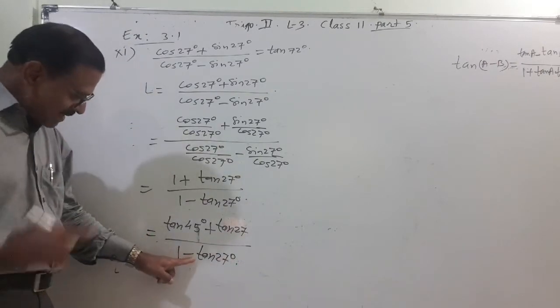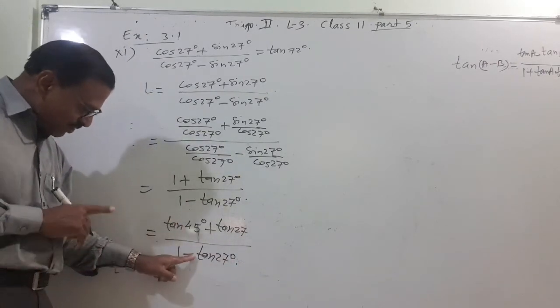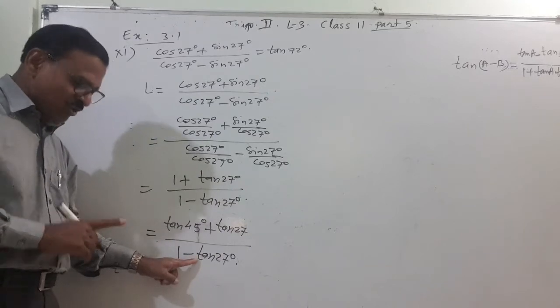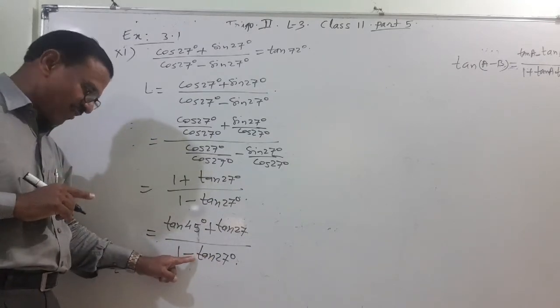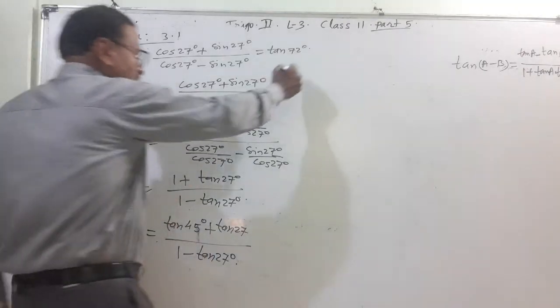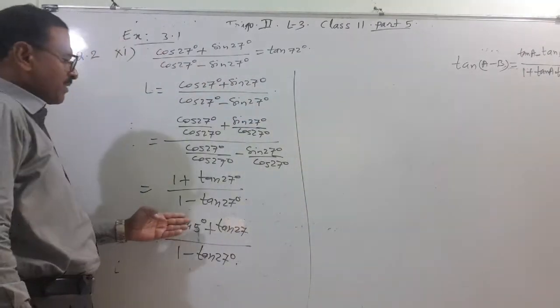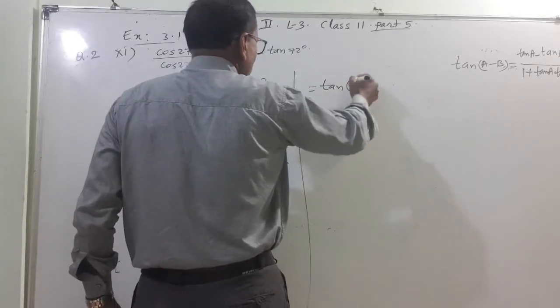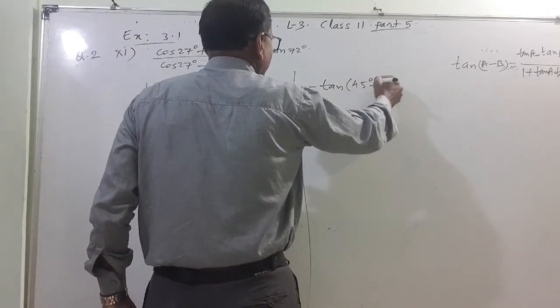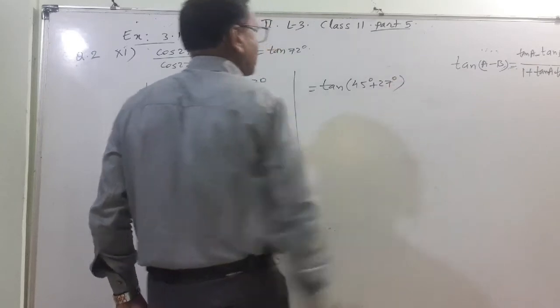Here tan A is there, tan 45, and tan 45 into tan 27 is here, because the value of tan 45 is 1. So this is the expansion of tan of A plus B. That is equal to tan of 45 degree plus 27 degree.